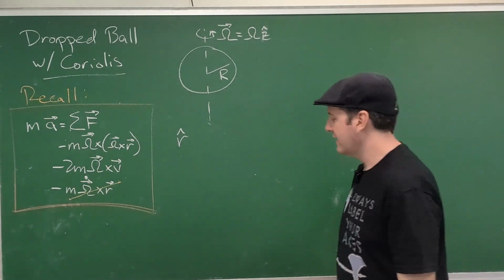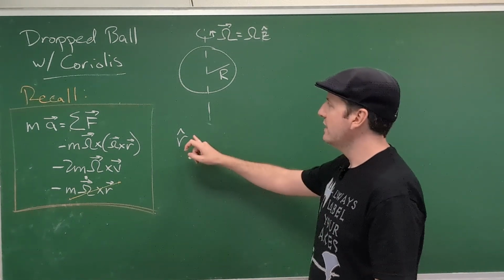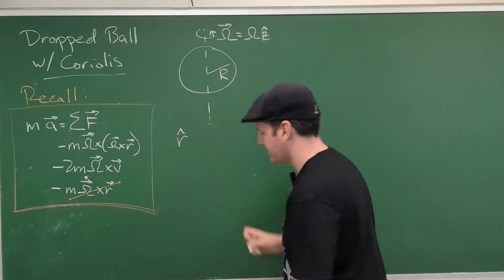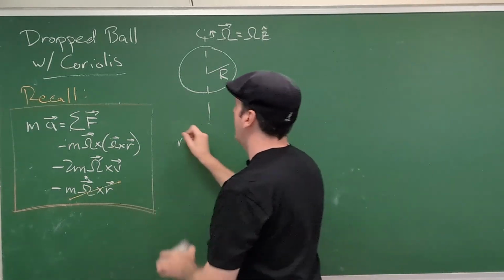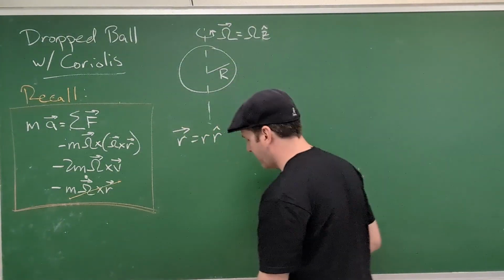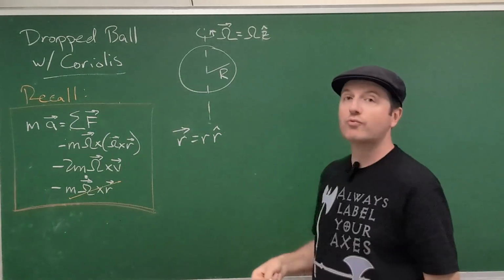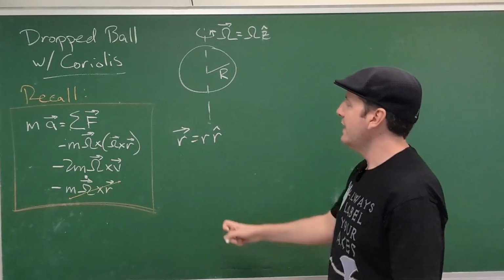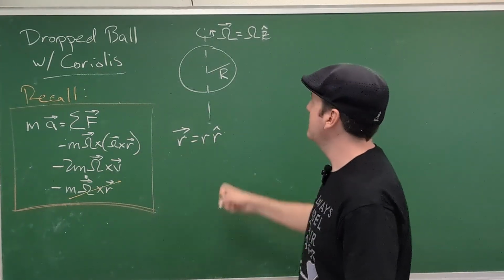And the reason for that can become apparent if we think about this in terms of my vector r, the position, which is just some distance away from the origin in the radial, and I mean spherical radial, coordinate here. And if we work out some of these cross products, let's see what happens.